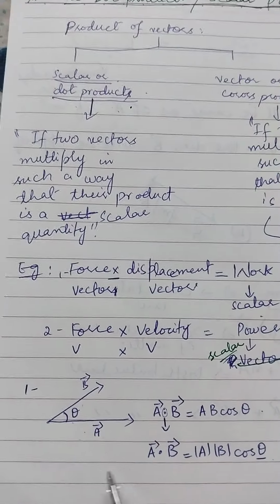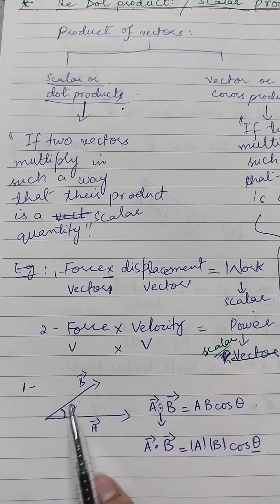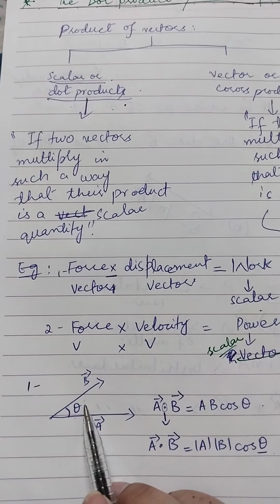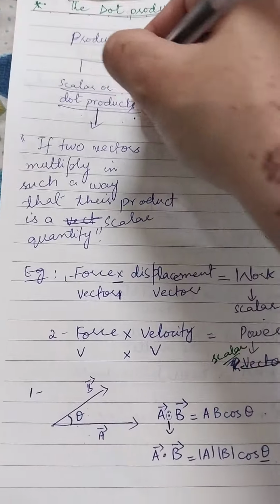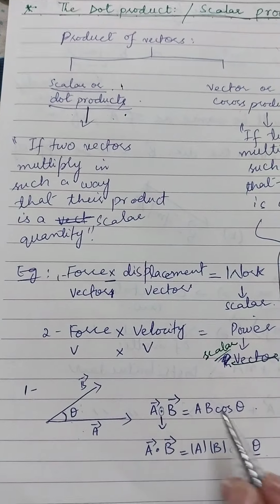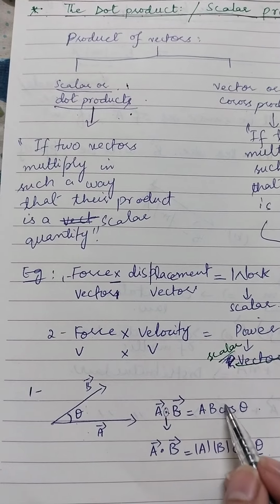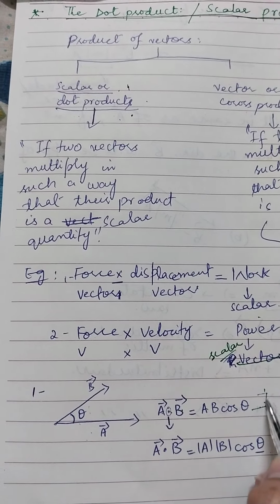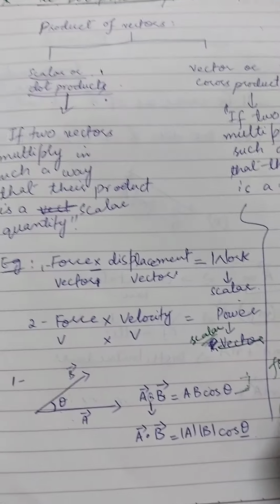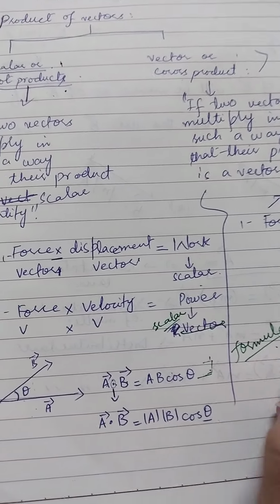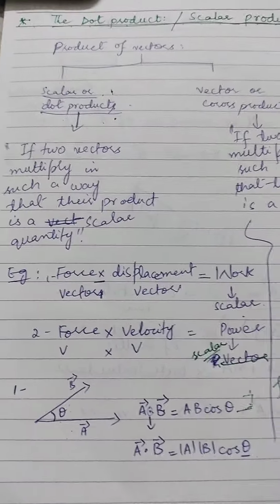Here look at the quick example that I have given: if there are two vectors A and B making a certain angle between them, for scalar product we write it as A dot B, which is equal to AB cos theta. That is its formula, or you can say its mathematical notation.